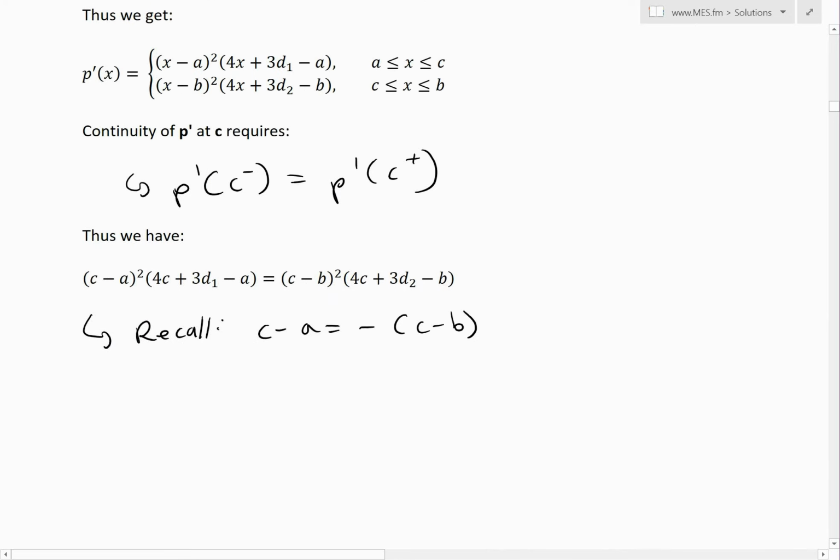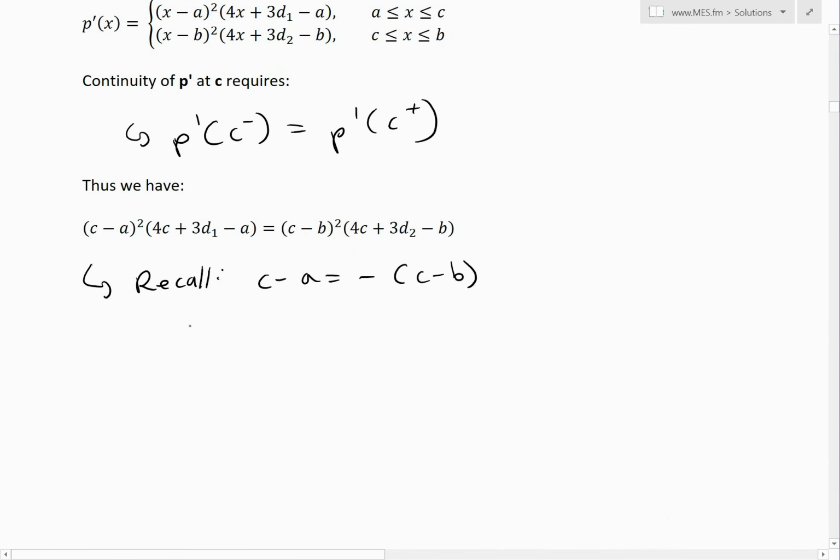So when you scroll back down, since we're dealing with squared, c minus a squared equals, well, this is the same thing as if we square the other side, negative c minus b squared. Doesn't matter what the sign is, you're always going to get a positive value. So this just equals c minus b squared.